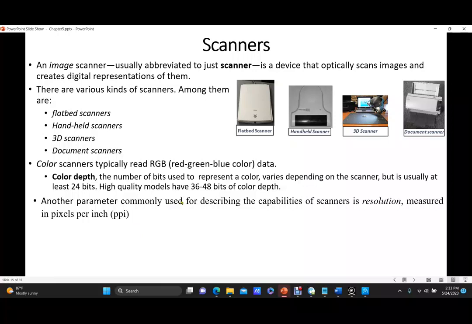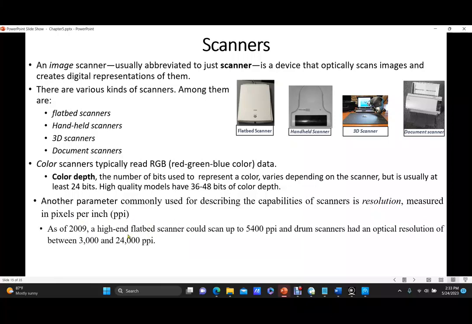Another parameter commonly used for describing capabilities of scanners is resolution. Resolution is measured in pixels per inch, PPI. As of 2009, a high-end flatbed scanner could scan up to 5,400 pixels per inch, and drum scanners had an optical resolution of 3,000 to 24,000 pixels per inch.